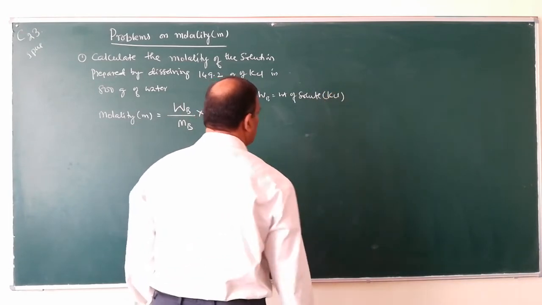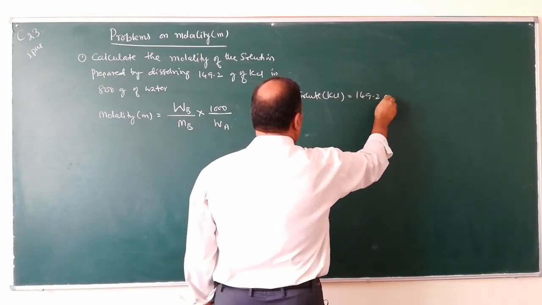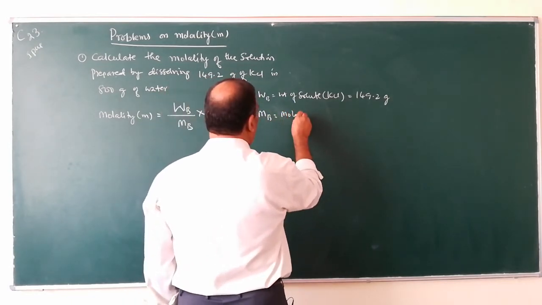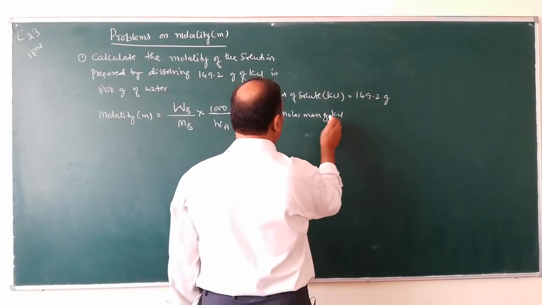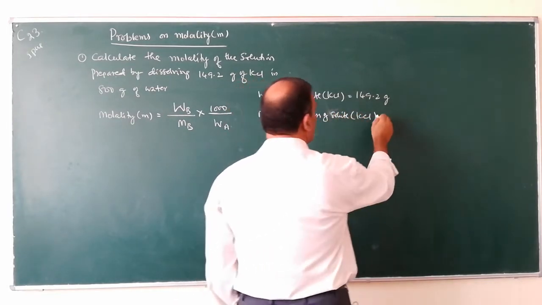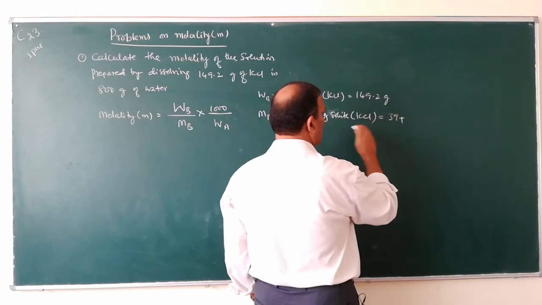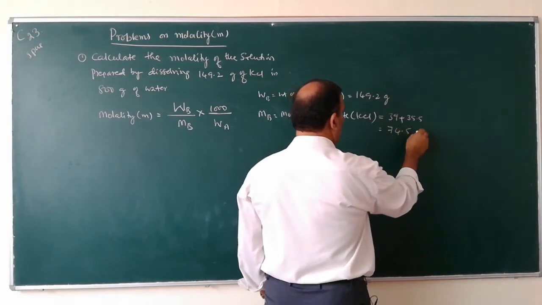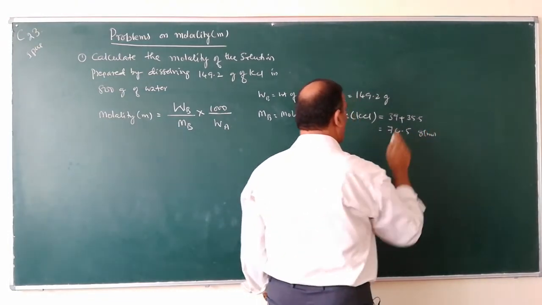Here the solute is KCl, and its weight is 149.2 gram. MB is the molar mass of the solute. The molar mass of KCl is the atomic mass of potassium, 39, plus the atomic mass of chlorine, 35.5, that equals 74.5 gram per mole.